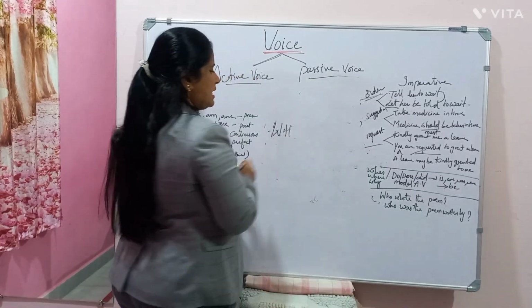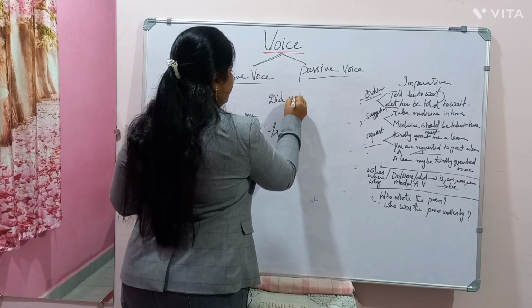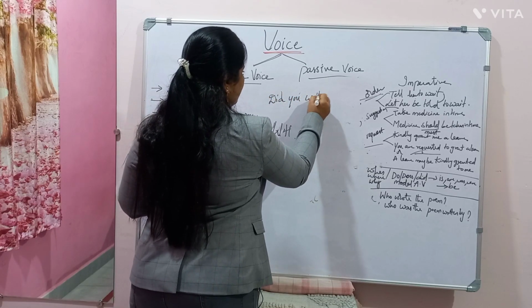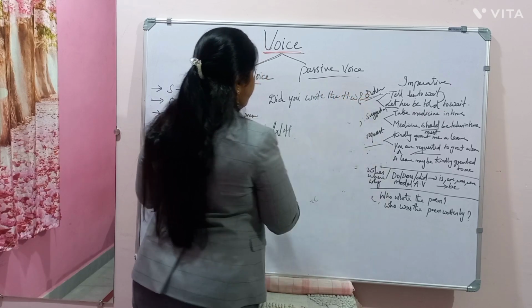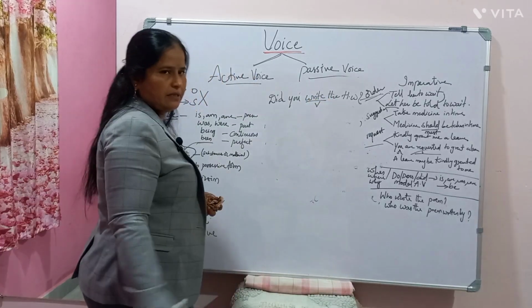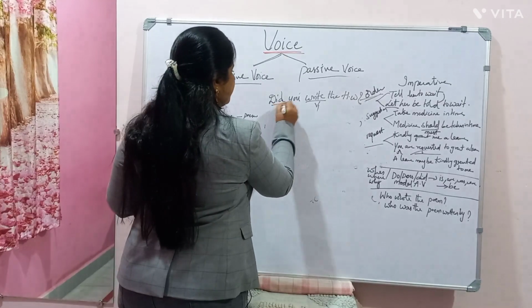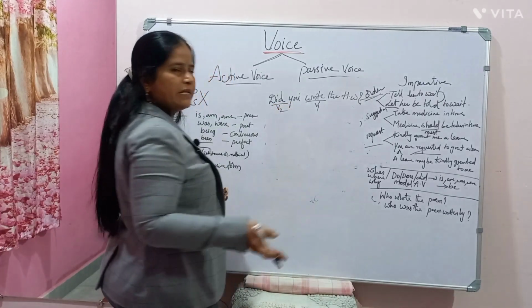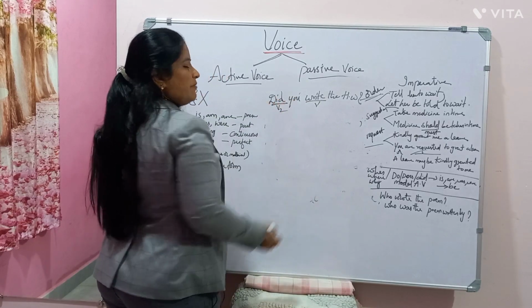Let's take a sentence starting with did: Did you write the homework? Write is verb 1, and that has to be changed into verb 3. Did indicates this is past tense, so it's not verb 1 I have to see, I have to see the past tense.